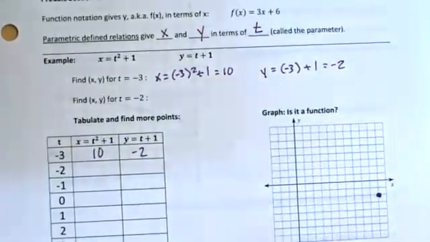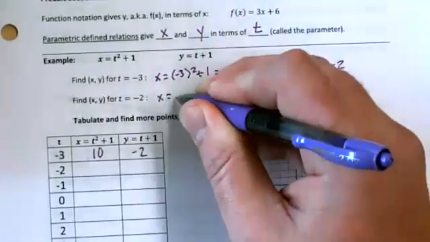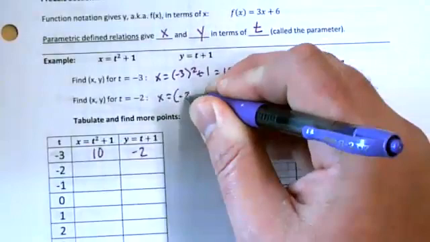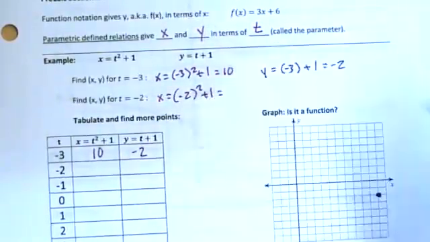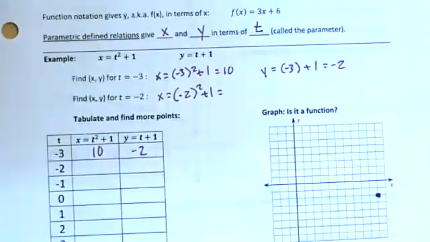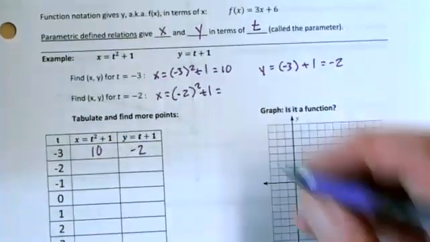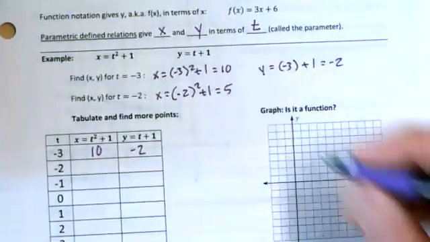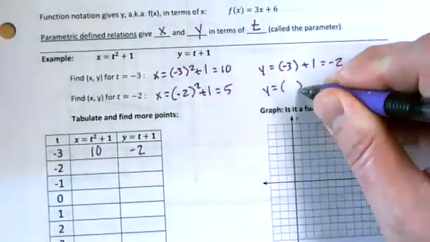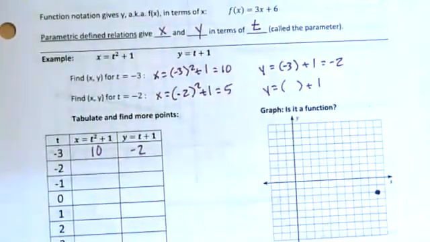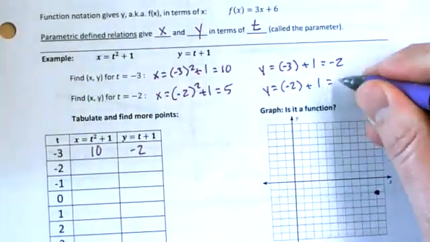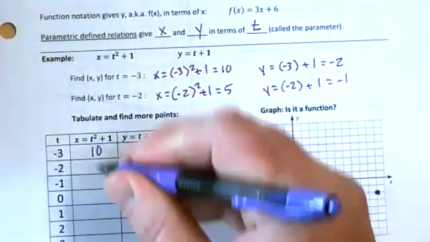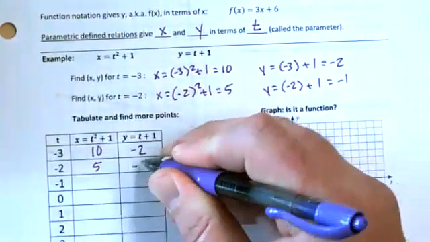All right, we'll just repeat the process here for -2, and then I'll show you how to do this on your calculator. -2 squared, that'd be 4 plus 1 is 5. And y is -2 plus 1, so -1. So 5, -1.